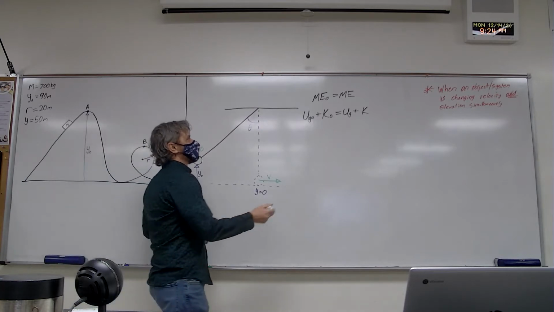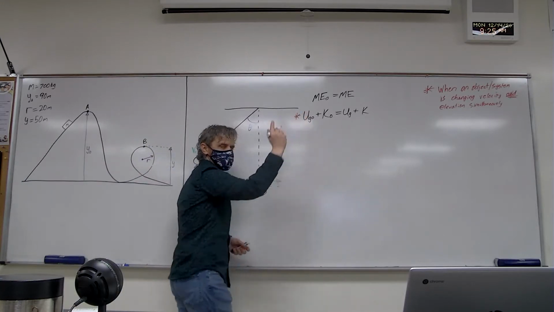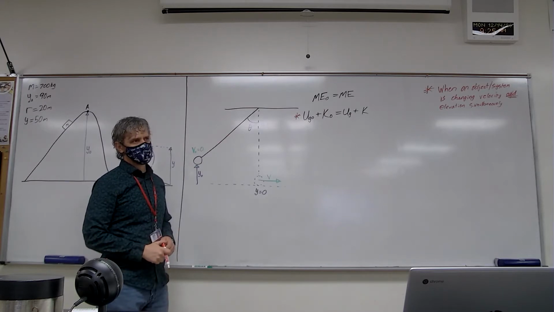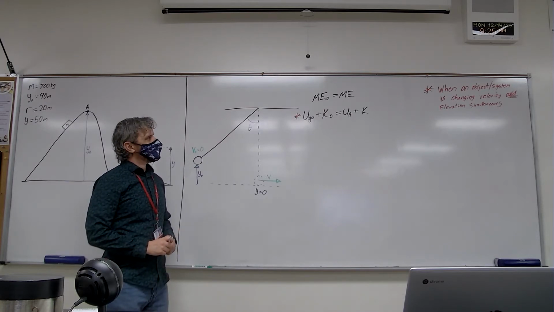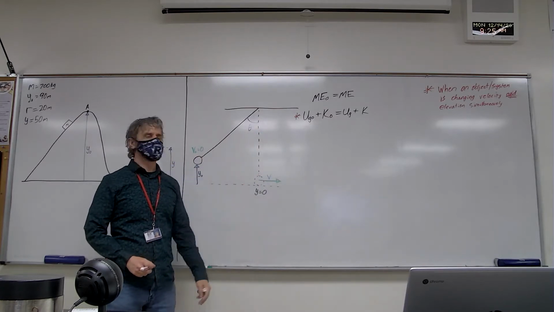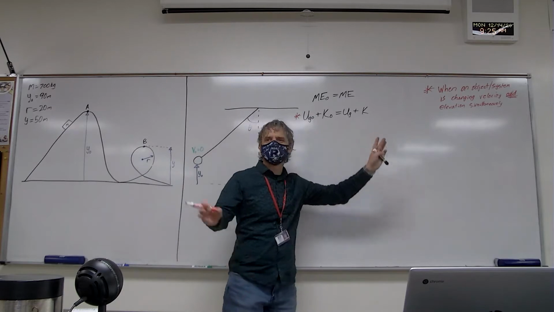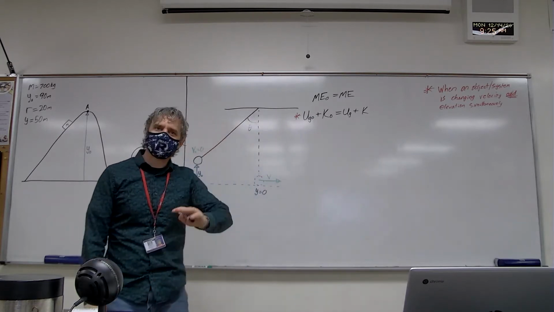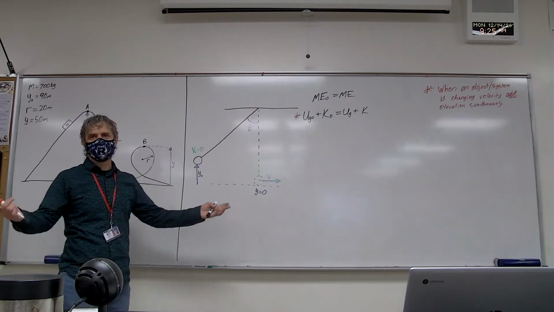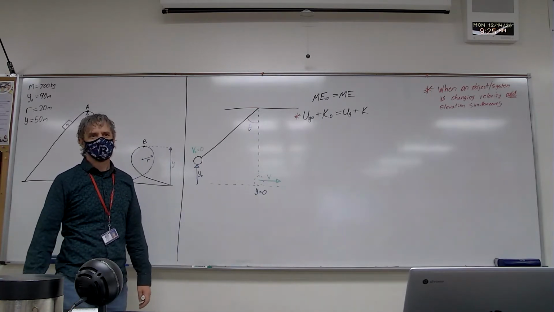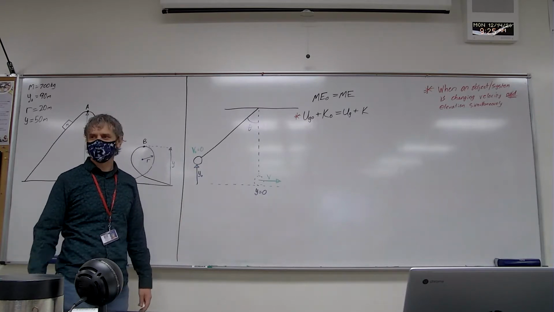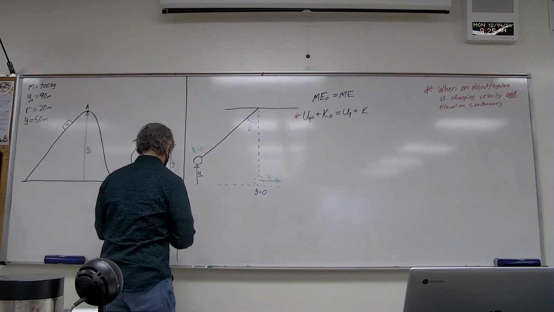Now, anytime you write this statement, which again is just the statement of conservation of energy, be sure that before you go on to the next step where you actually plug in the expressions for these guys, see if any of them are going to be 0. If the object's at the lowest point where you've defined the 0 point to be 0, then it doesn't have gravitational potential and you can cross it out. If you know an object is not moving at the beginning or at the end, then you can cross out the kinetic, because with kinetic energy you must have velocity.